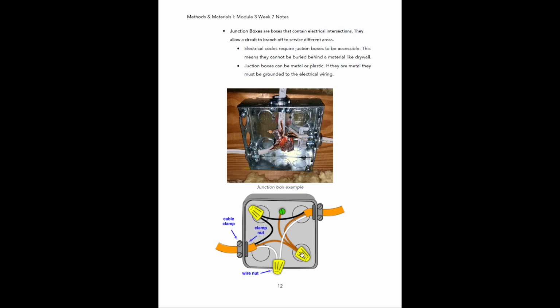They're being joined with these wire nuts. At this intersection, you can see a third cable coming off of the ground wires, and that is tied to this green screw, which is screwed directly into the metal housing of this junction box. And the purpose of that is to tie the grounding system to the metal junction box for safety reasons.